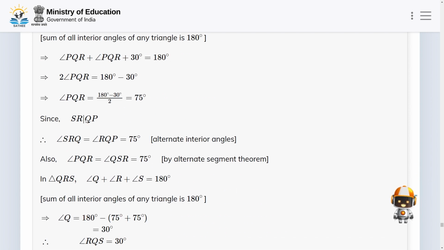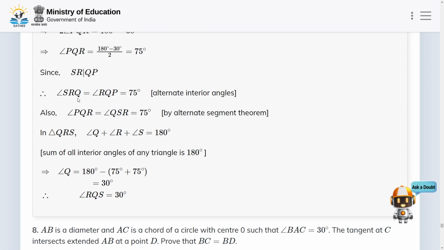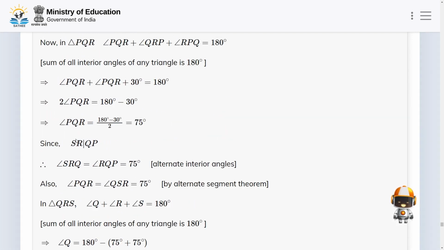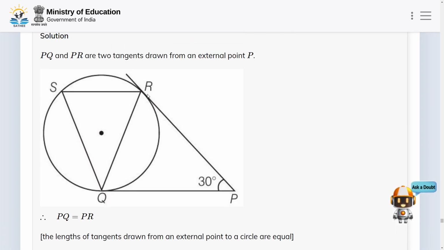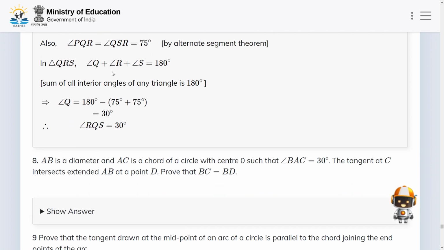And since SR is parallel to QP, angle SRQ is equal to angle RQP, that is equal to 75 degrees, and they are alternate interior angles, that is why they are equal. And also angle PQR is equal to angle QSR, that is equal to 75 degrees by the alternate segment theorem. Okay, so in triangle QRS, angle Q plus angle R plus angle S is equal to 180 degrees, the sum of all interior angles of any triangle.